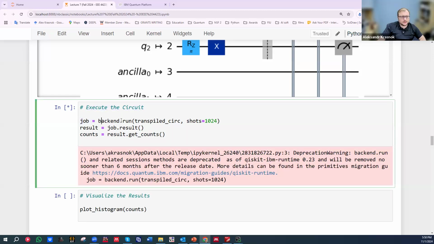Okay, so job, then backend, get run, then transpiled circuit, number of experiments, and then you get results from the executed project, and the format of the result is counts. Okay, so now it's thinking.